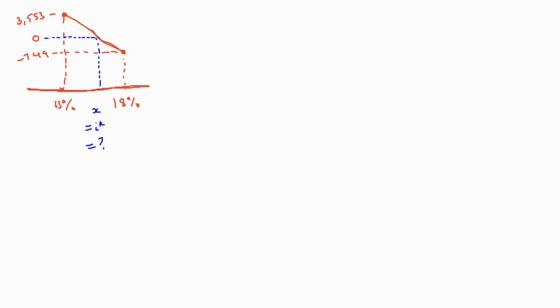Because if you have the line, and you have the y value, you can figure out the x value. Again, the equation of the line is y equals mx plus b. If you found the slope of this red line, and you know the intercept, you know the y that you want is 0, so you can solve for x. That's kind of what's happening here. We're not going to do exactly that, but that's what linear interpolation does.